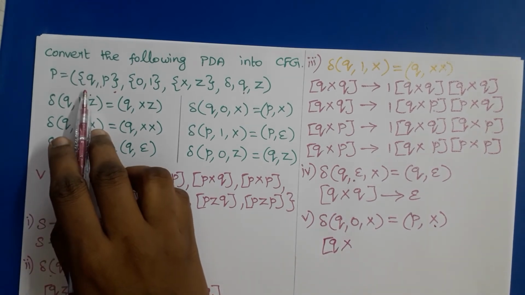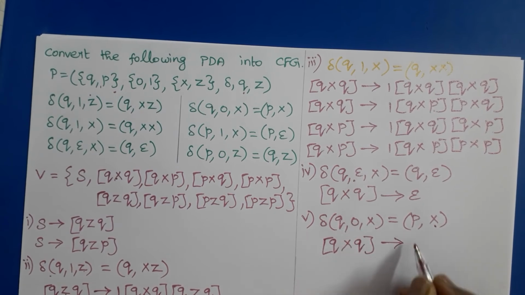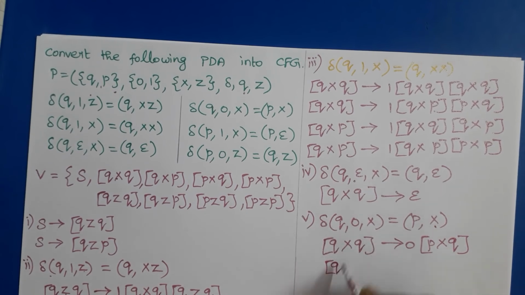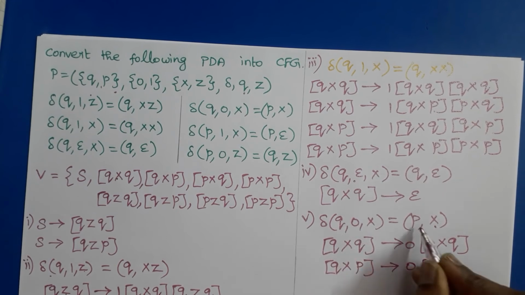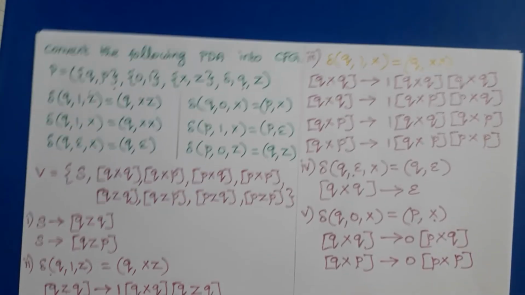First production I need to write with Q here. Implies 0PX, and this Q should be written at the end. Then another production I need to write QX, and I have to consider P here. Implies 0PX and this P should be written over here.